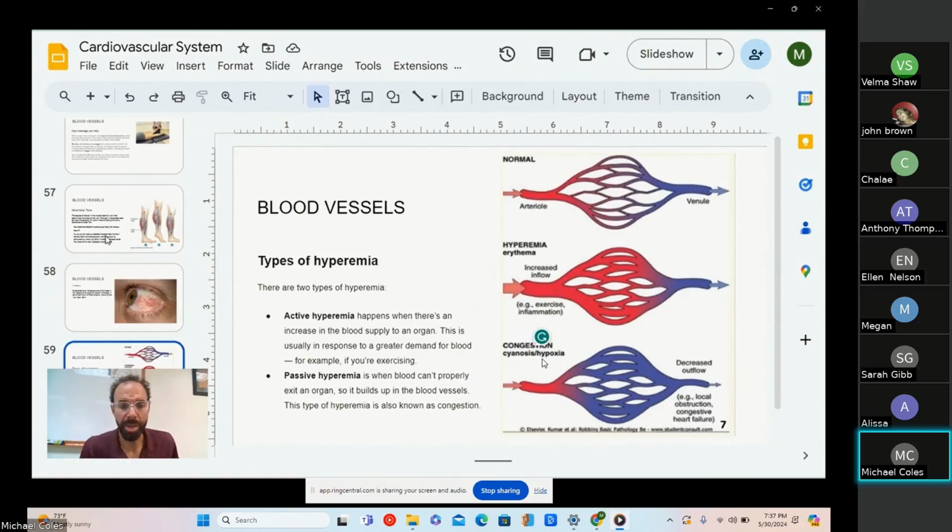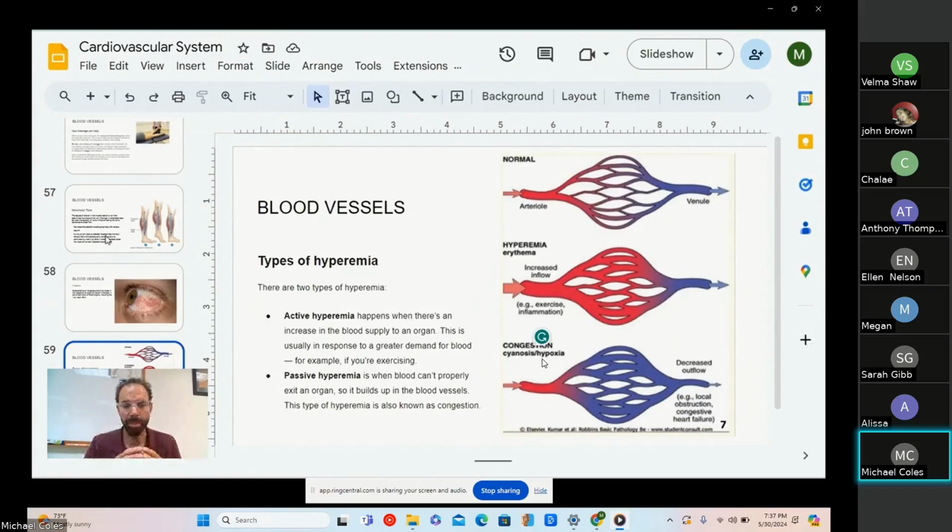Then we have passive hyperemia, where blood can't exit properly, so blood gets trapped and stuck in one area, and there's swelling and redness, where you get this congestion. So in Chinese medicine, they believe that when you do cupping, and you see those purple or red marks, the darker it is, the more congestion there is, and the blood is not flowing properly.